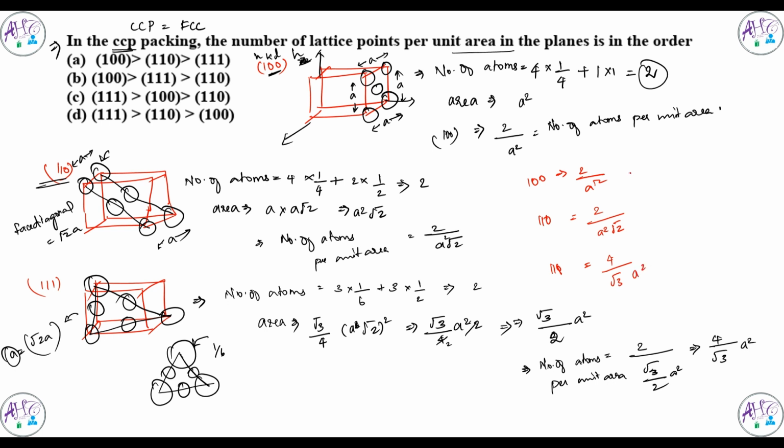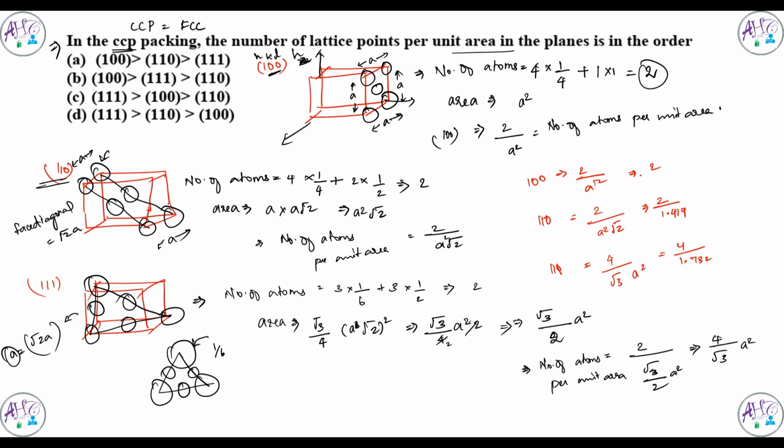Let's say you neglect the common a square value, then this is going to be equal to 2, this is going to be equal to 2 by 1.414, and this is going to be equal to 4 by 1.732. So if you see, your 111 plane will have the highest value, then comes your 110 plane, then comes your 100 plane.